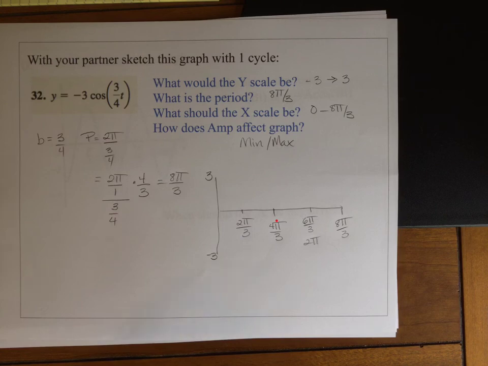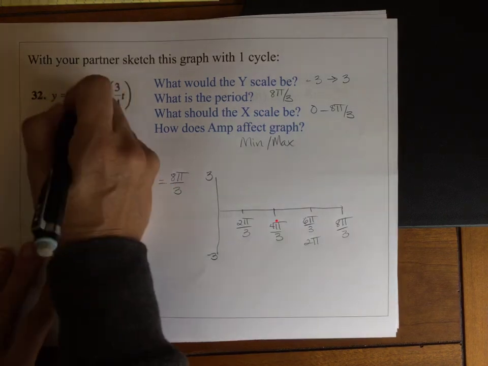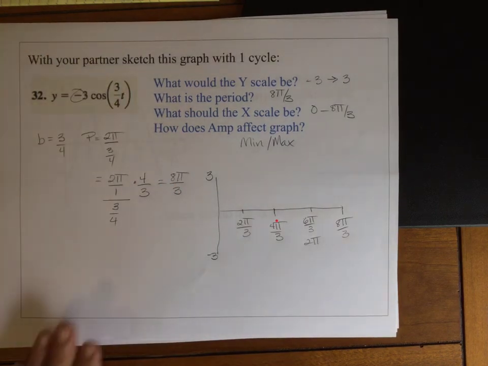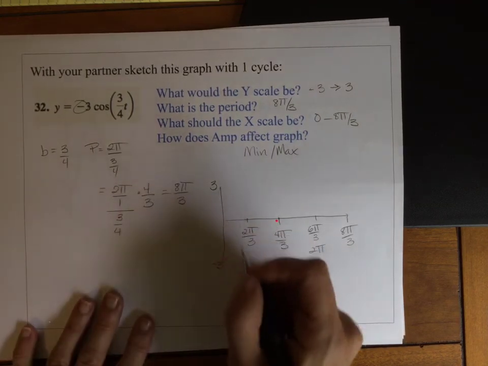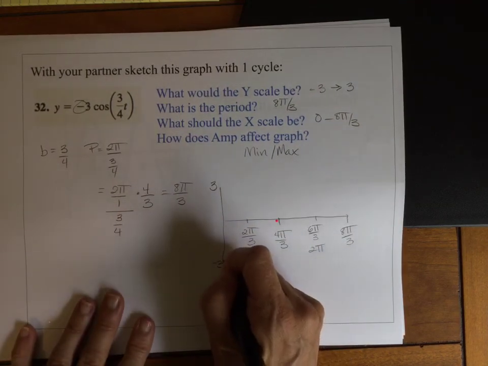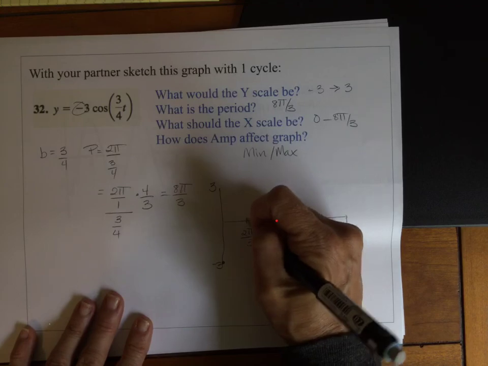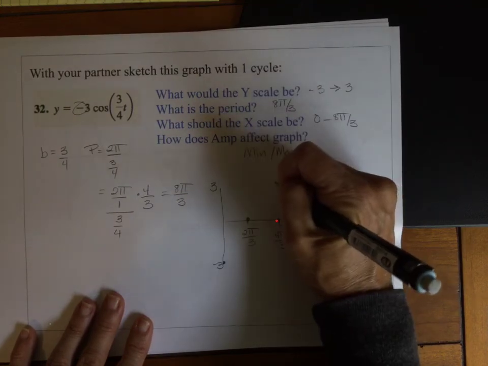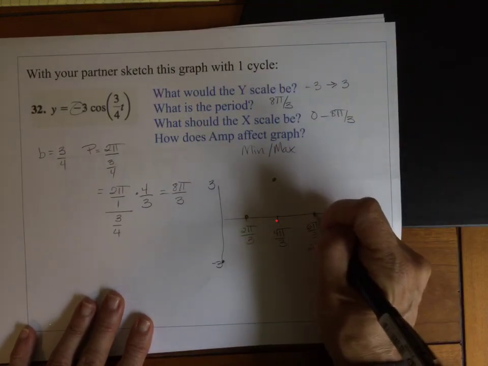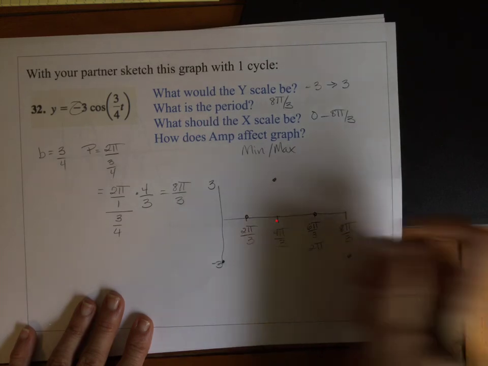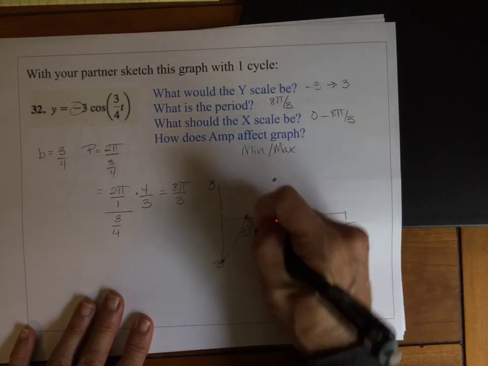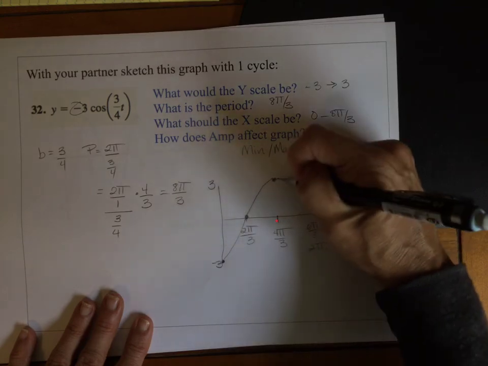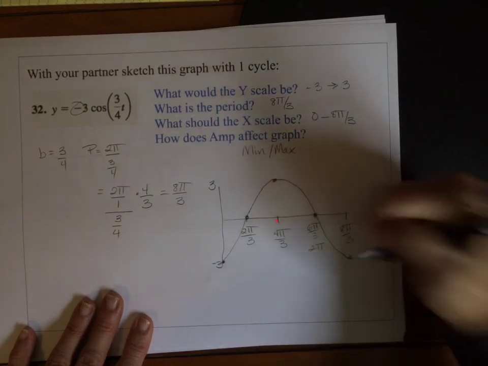Well, hopefully you remember you start at your max, but this negative reflects it. So I'm going to start down here at -3, come up to 0, go up to my max, come back down to 0, and back down to my minimum, because this is a reflected cosine graph.